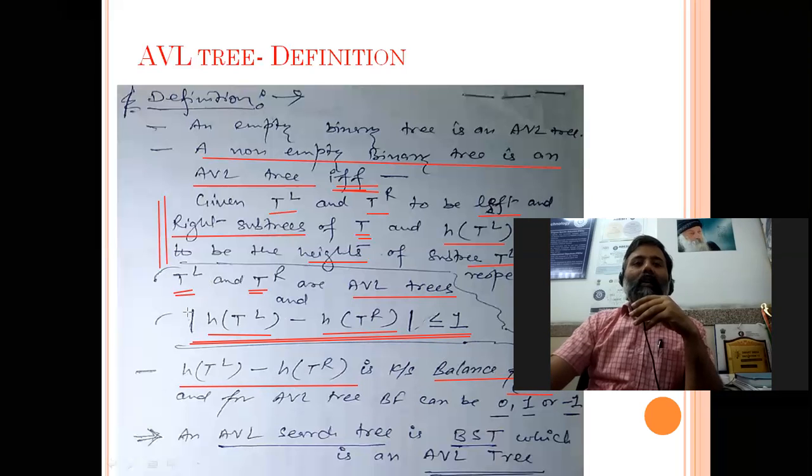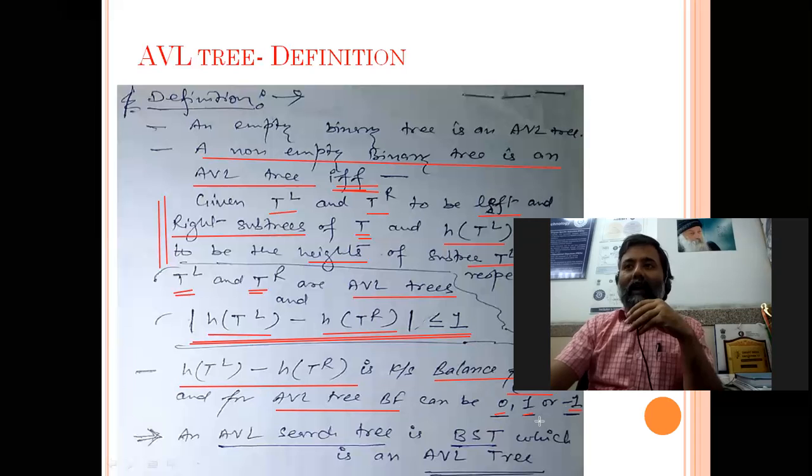It's simple mathematics: if mod of HTL minus HTR is less than or equal to 1, then the balance factor of an AVL tree can be either 0, 1 or minus 1. That's why in the previous example we had balance factors 0 and 1, that's why we said it is balanced, and that's why we said that it is an AVL tree.